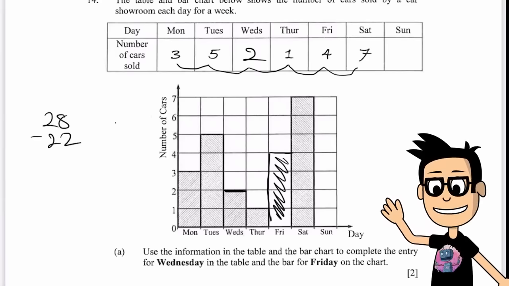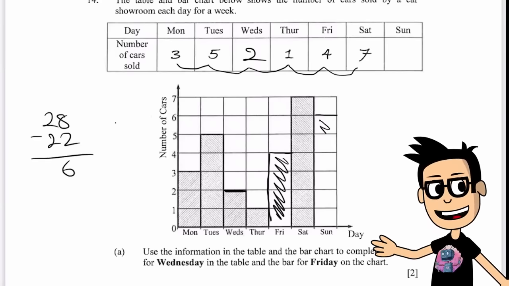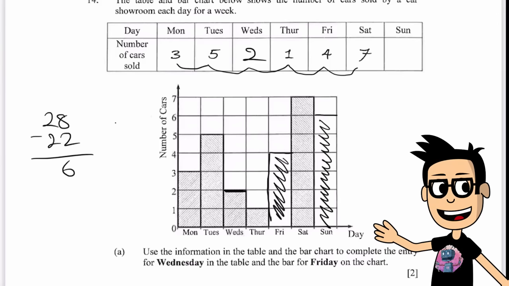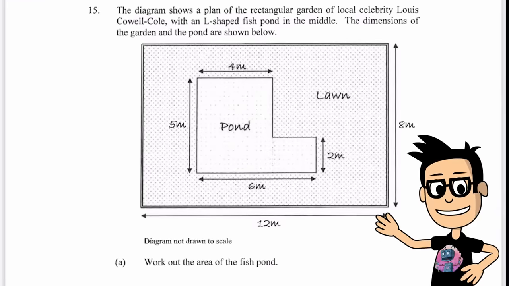So we'll have 28 minus 22, which gives us 6. So we now know that Sunday is going to have 6, and we are good to go. So I hope that was clear, and that was a total of 8 marks. Righty, moving over to question 15.